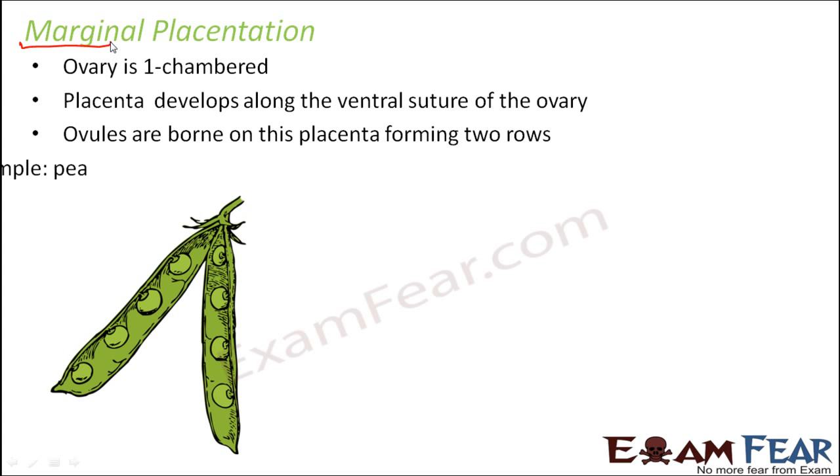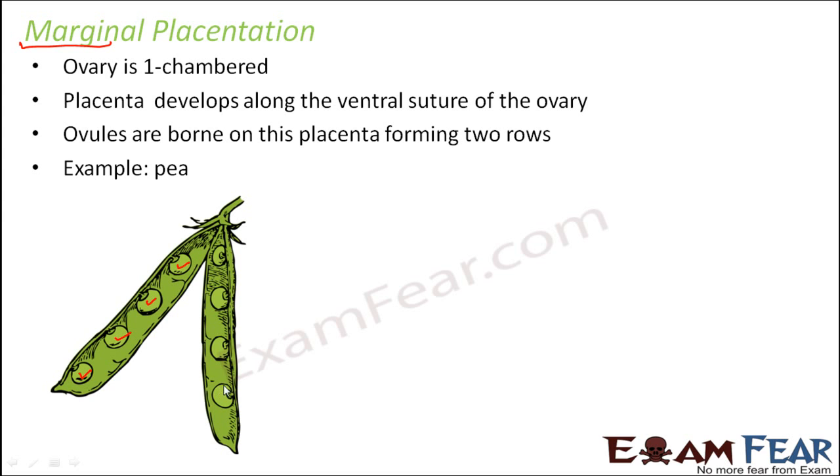Now as soon as I take this example, things will be crystal clear to you. So if you look at a pea, what do you see? You actually see that on the ridge you have a tissue, because this entire structure is the pea, but the edible part is the ovules.